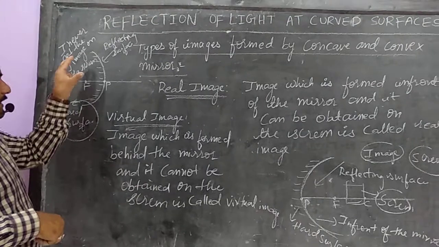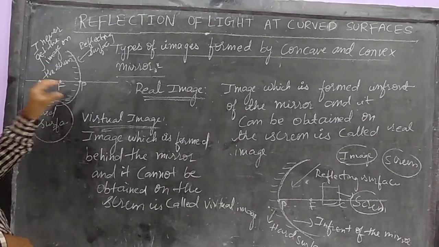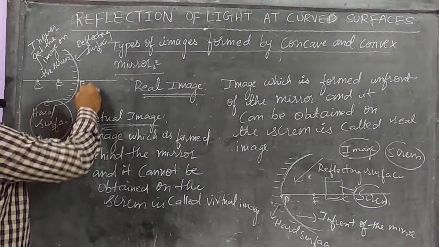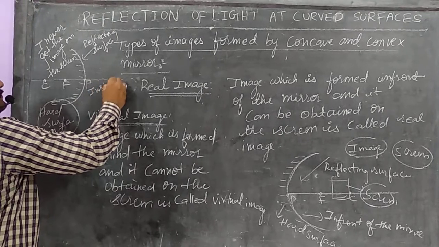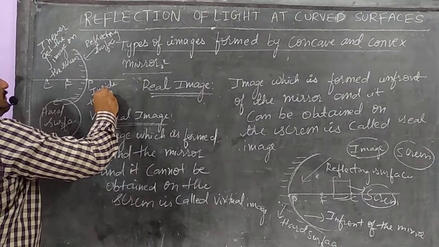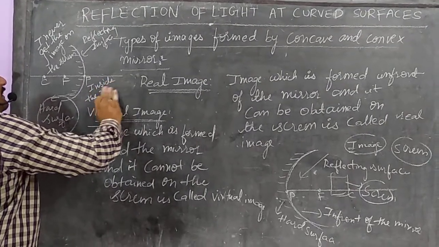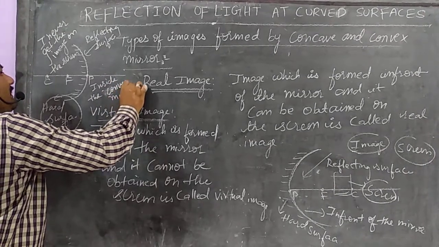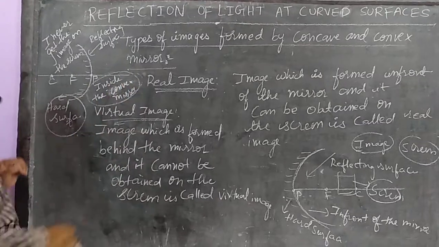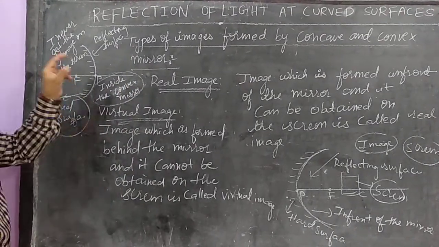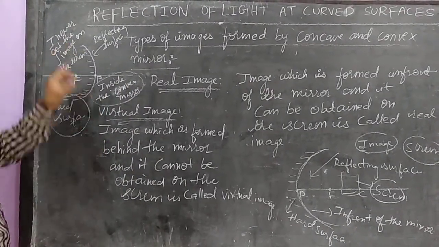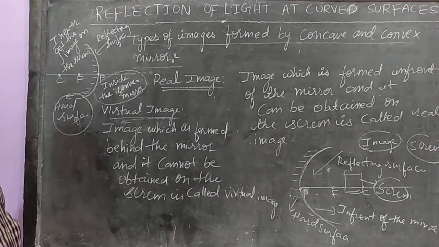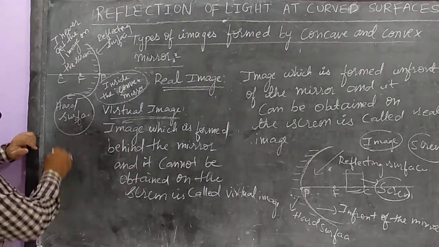Because the virtual image will always be inside the convex mirror. If I want to see the virtual image, in which case? In the convex mirror case.